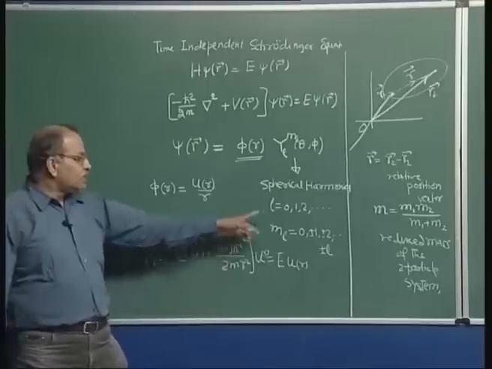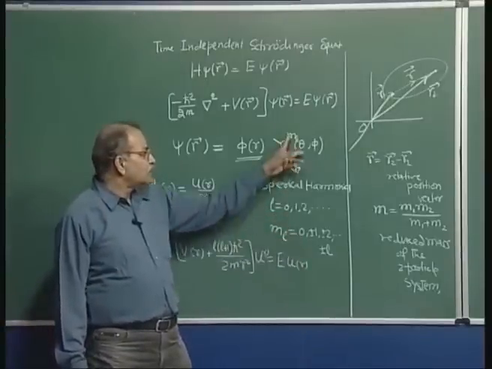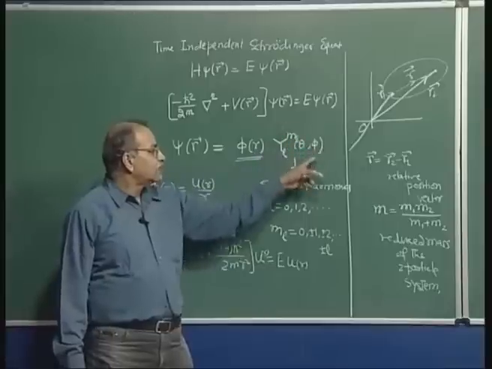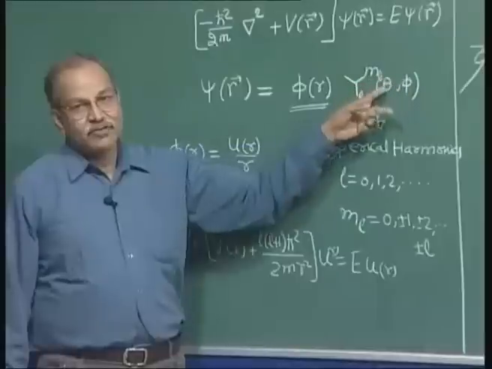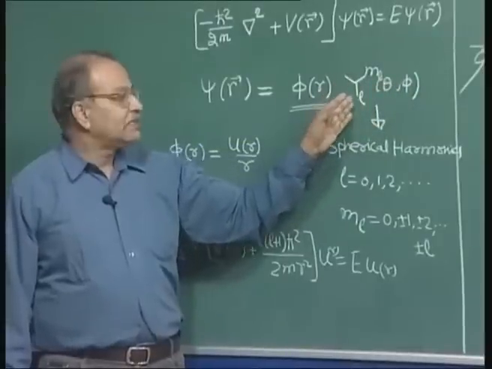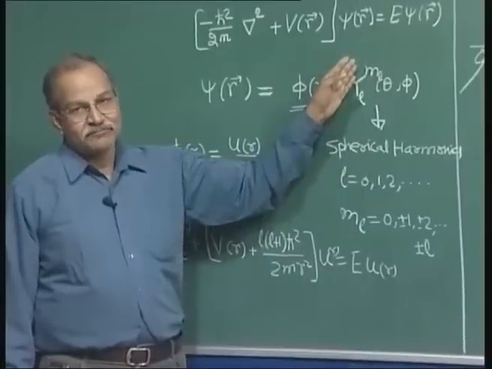Now, if L is 0, then ML is 0, and this spherical harmonic is just a constant, no theta phi dependence, Y 0 0 is just a constant, square root of 1 by 4 pi.